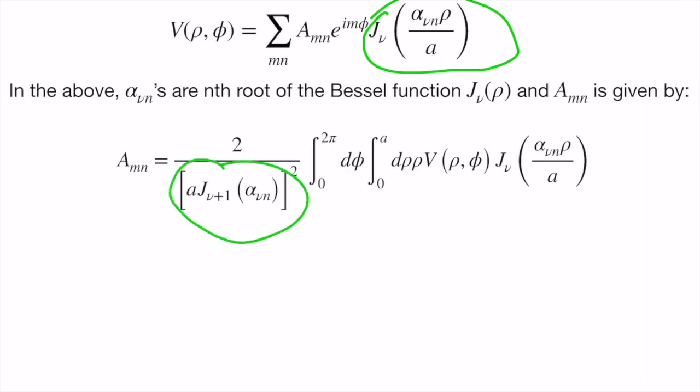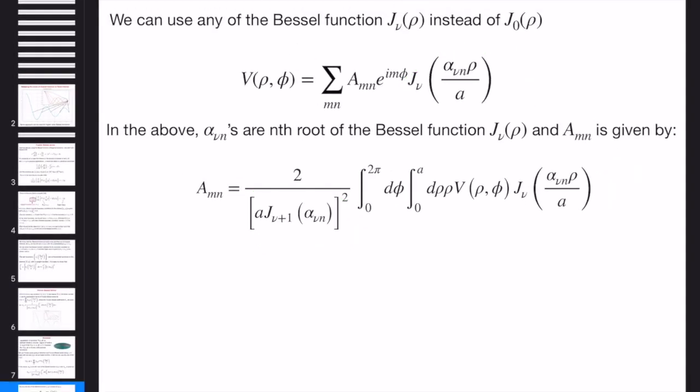We have a J nu plus 1 here, and then again here also e to the power i m phi is missing, and this is how one computes the Fourier-Bessel series for a given arbitrary function. And now we can completely solve the problem of a cylinder placed at different potentials, where we have broken the problem into different pieces because the differential equation is new and somewhat difficult. Bessel function is not as simple as the other earlier equations which we have seen.